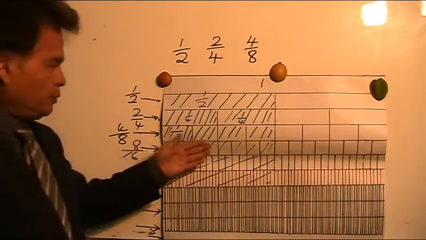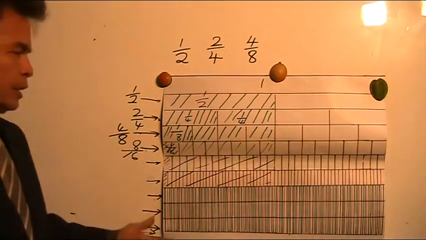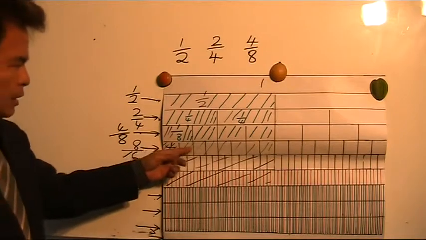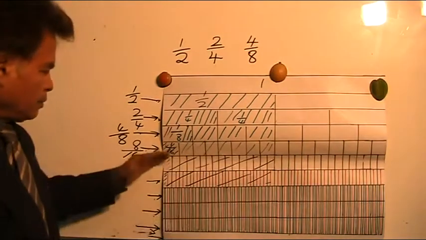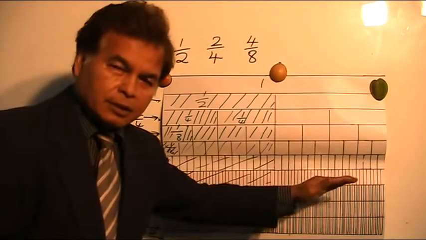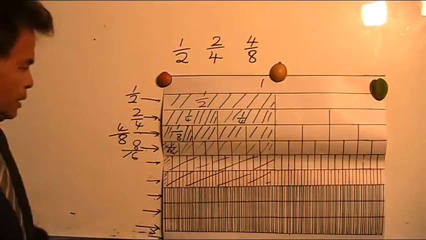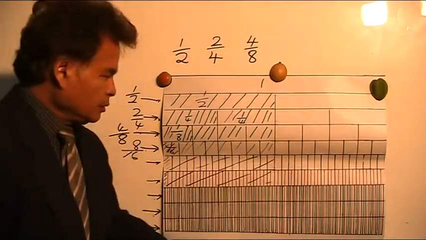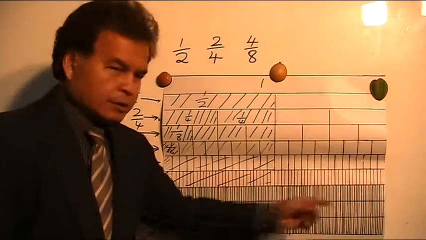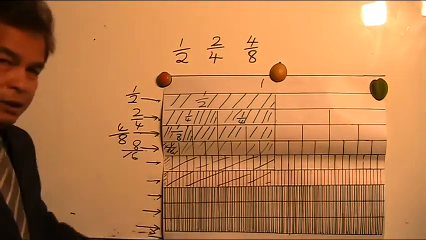Maybe you want to count up to here. It's okay. Mungkin kamu nak bilang. Tapi kalau dah sampai ke bawah nak bilang, tentulah buang masa ya. So you have to waste time counting the rest of the lines or the parts here. Okay.